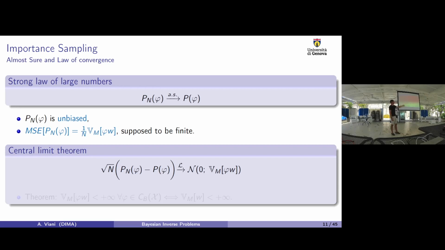And this means that the central limit theorem tells us that the difference between our approximation and the true value of the integral converges in law to a normal distribution that is centered in 0 with a known variance, that is the variance under M, so the importance measure, of the product of phi and W.